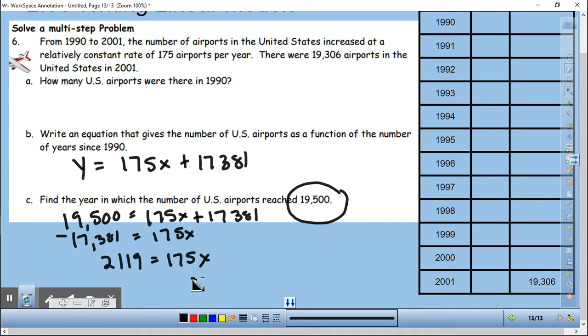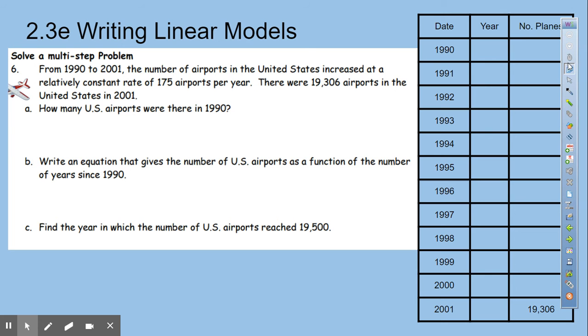Then I divide both of those by 175, and I get that x is equal to 12.1. Doesn't come out easy. I'm sorry, it doesn't come out even. But from this, I know that somewhere in year 12, well, if 2001 was year 11, then 2002 was year 12. So sometime in 2002, the number of airports in the U.S. reached 19,500. Let's look at another example.